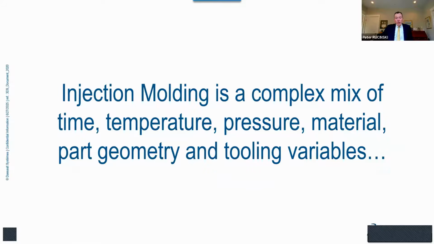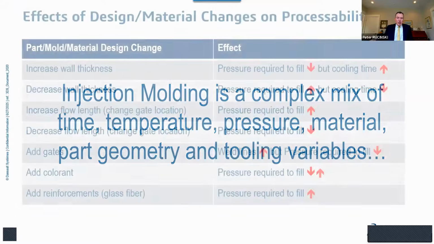It may sound all kind of simple, but when we start to add all of this up, the reason why injection molding simulation software has had a viable market for the better part of 40 years now is that injection molding is a complex mix of time, temperature, pressure, material, part geometry, and tooling variables.